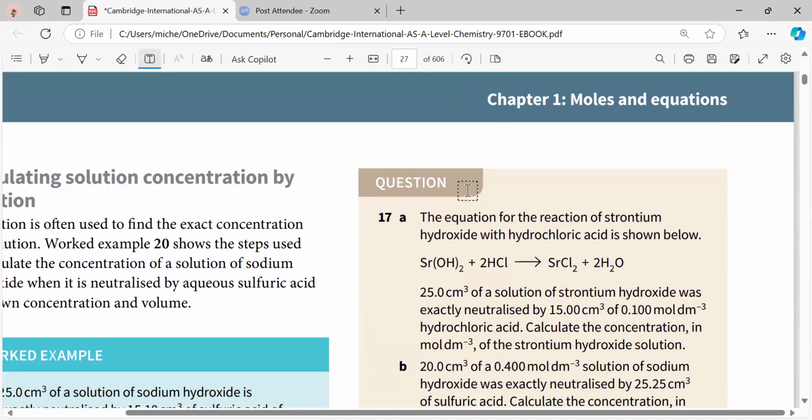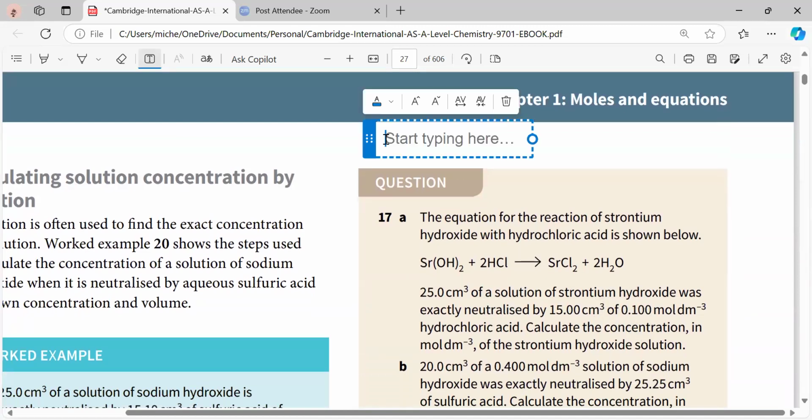So the moles of hydrochloric acid equals 0.100, which is the concentration. I do not need to write the unit when doing this kind of equation, but you can. Just don't forget about it when writing the end result.